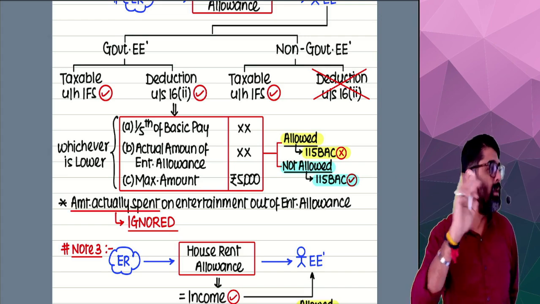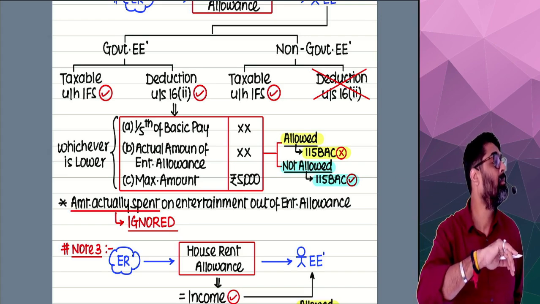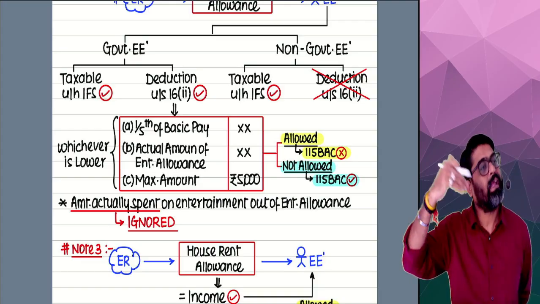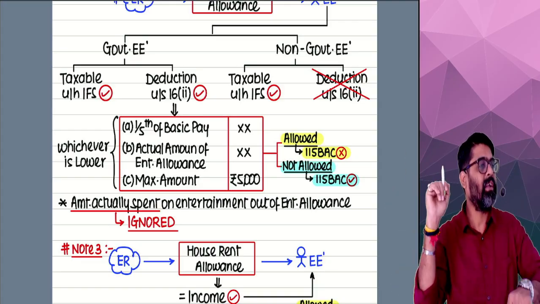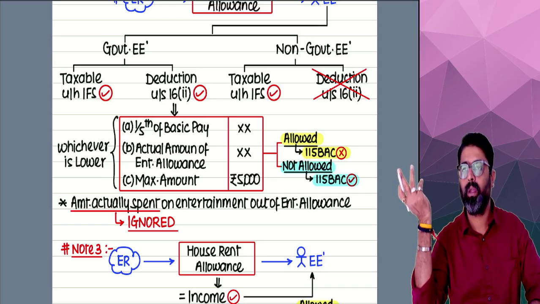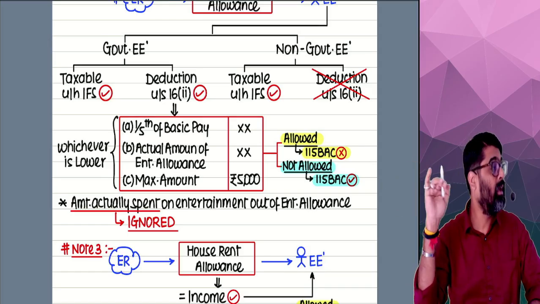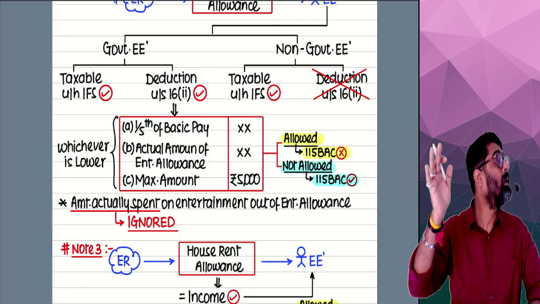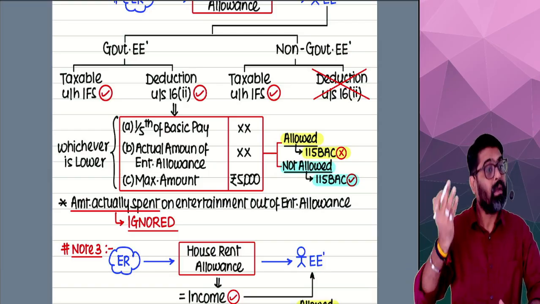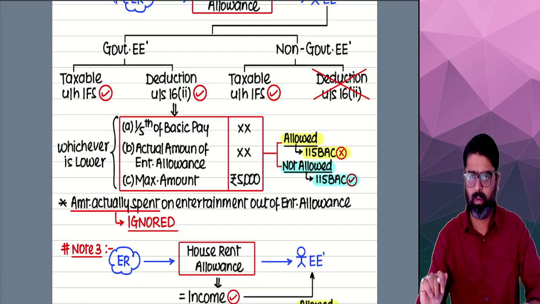So if the government is giving it, it is a genuinely given allowance. But if any employee in the private sector is getting it, it can be given to any employee even if he needs it or does not need it. Hence we are not going to give any deduction or exemption for that if you are a non-government employee. But if you are a government employee, we are going to give it to you.